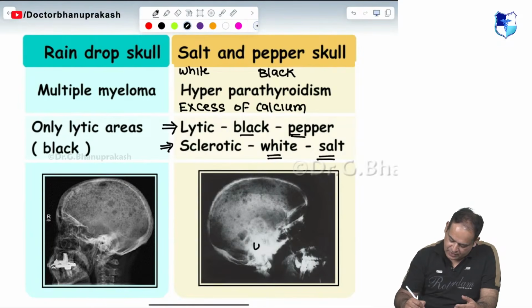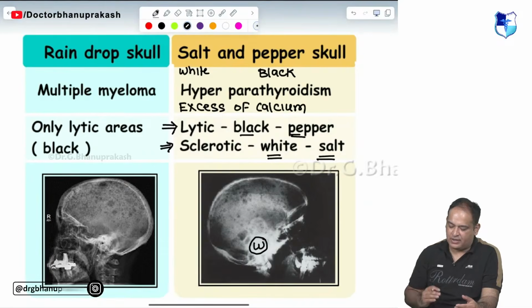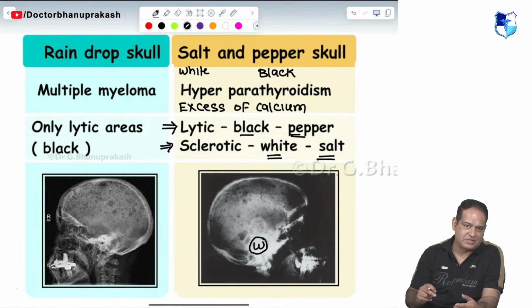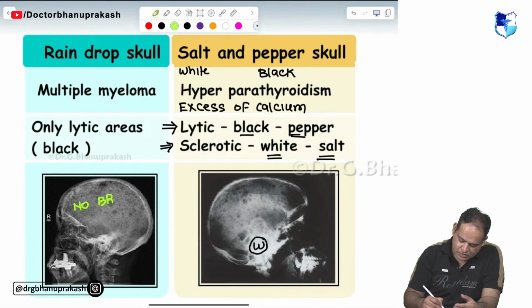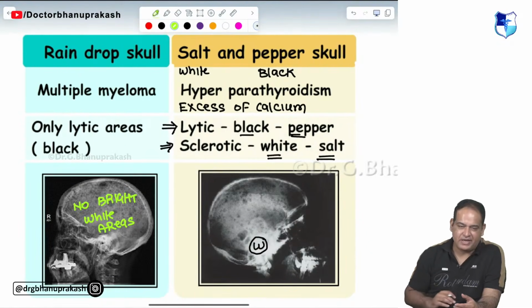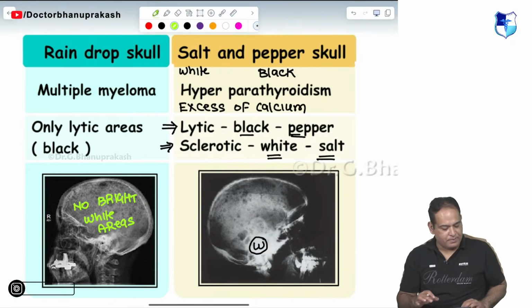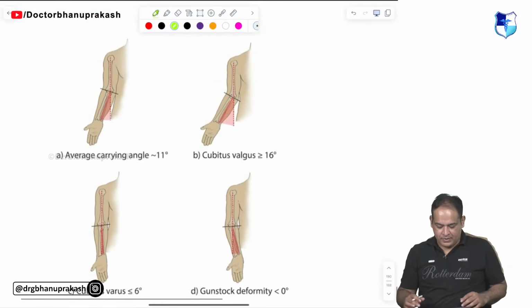You see here the bright white area. This is salt and pepper skull. Whereas on the other side, there are no bright white areas, only black areas. That is raindrop skull, right?